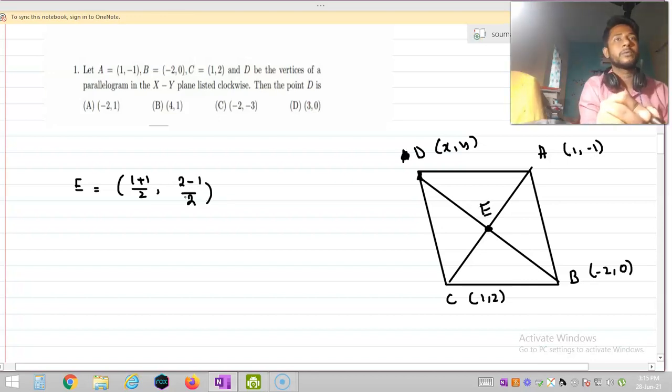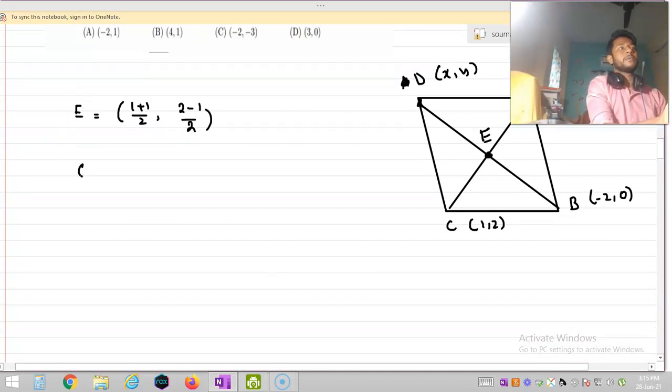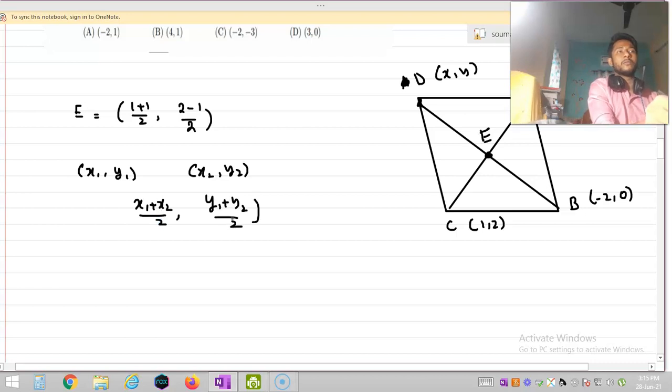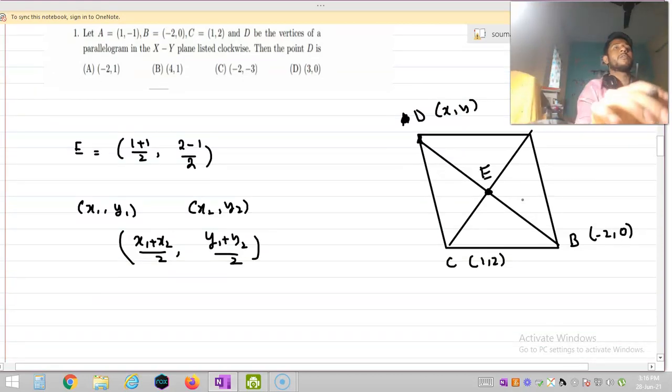This is our coordinate of E. As we know, if (x1, y1) and (x2, y2) are two points, then the coordinate of their midpoint is ((x1 + x2)/2, (y1 + y2)/2). I am using this fact here, with x1 = 1, y1 = 2, x2 = 1 and y2 = -2.